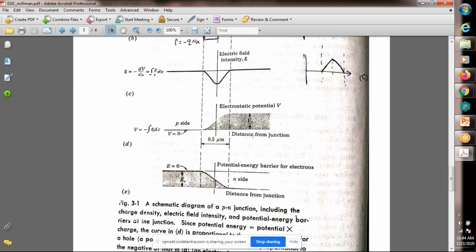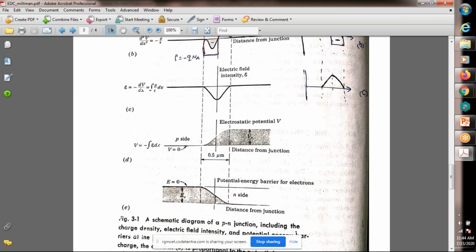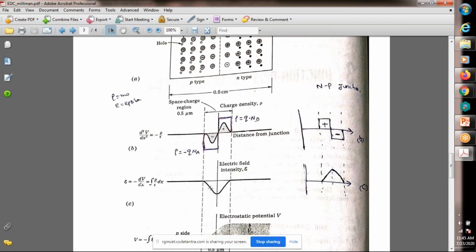We are converting the electric field in terms of voltage. The procedure is, first this is the charge distribution, the charge density. You can write either minus or plus depending upon the p type and n type.